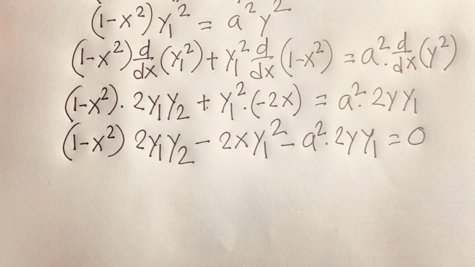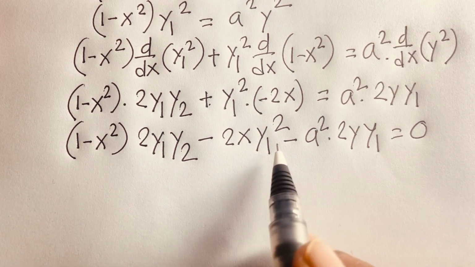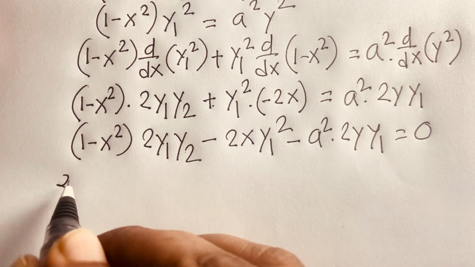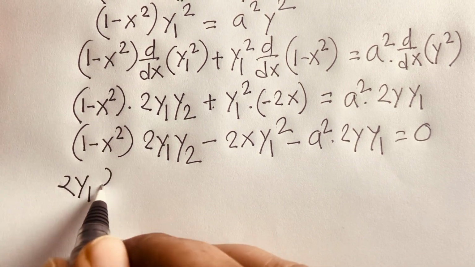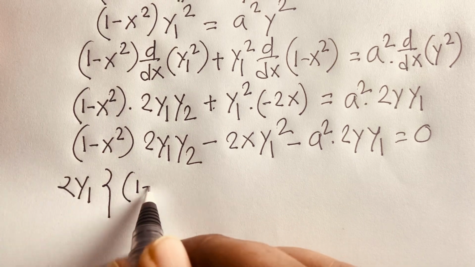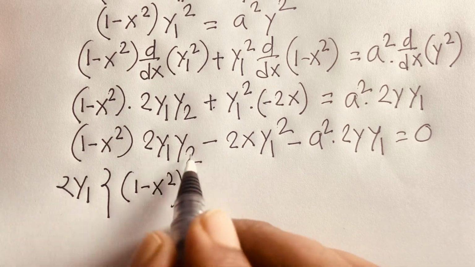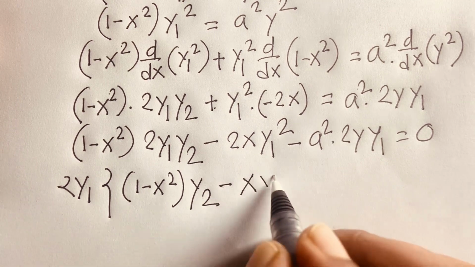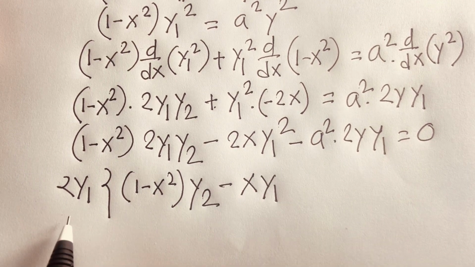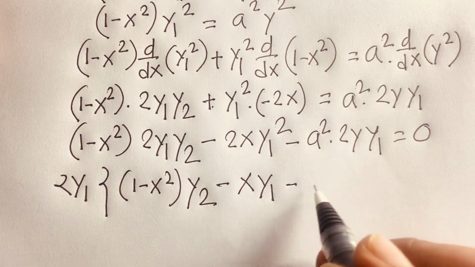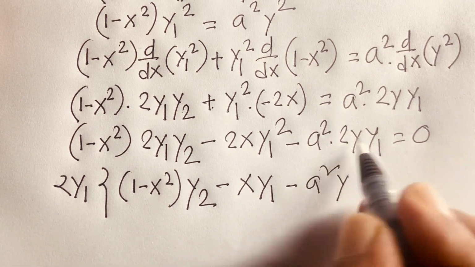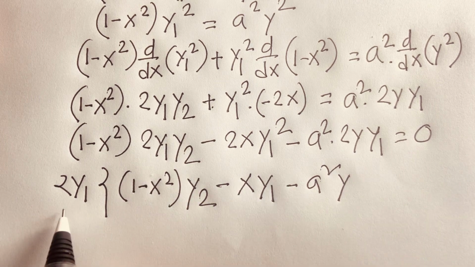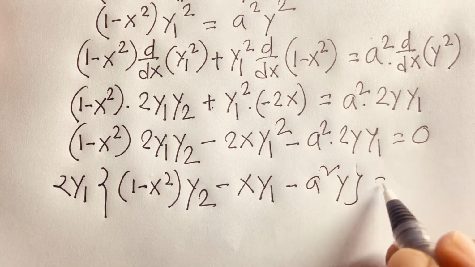Then 2y1 is common, so I can say 1 minus x squared times y2 minus x y1 minus a squared y, with 2y1 common, is equal to 0.